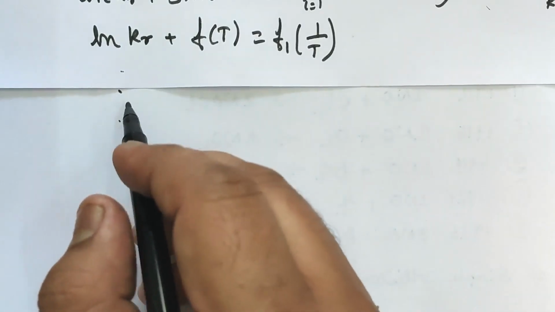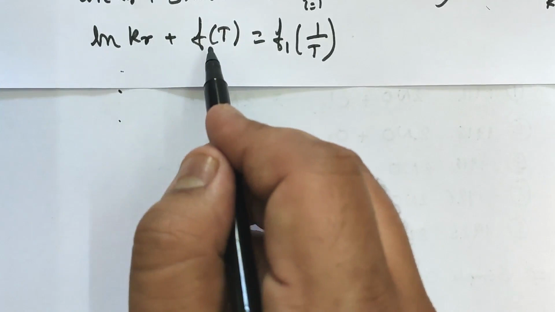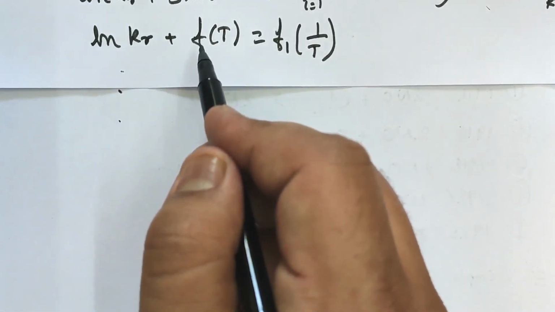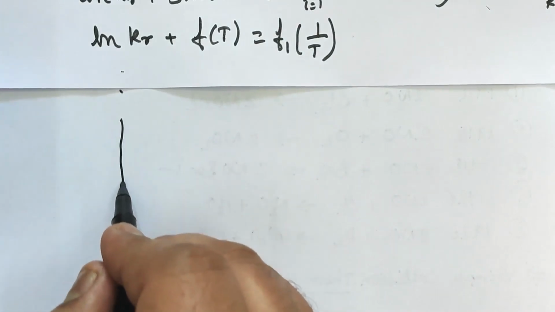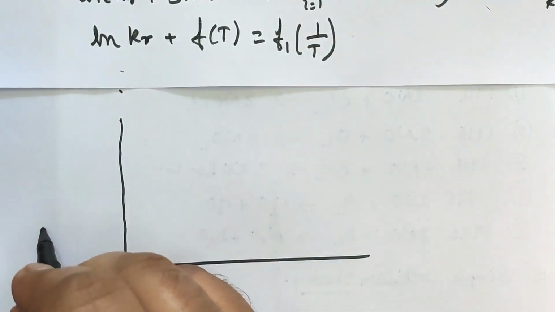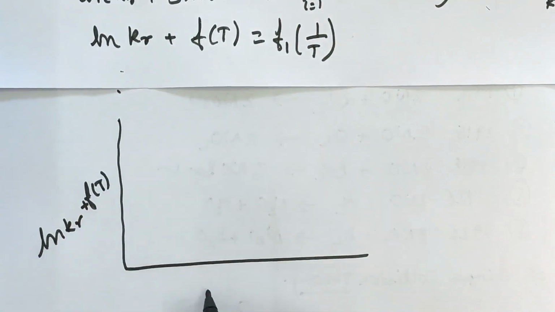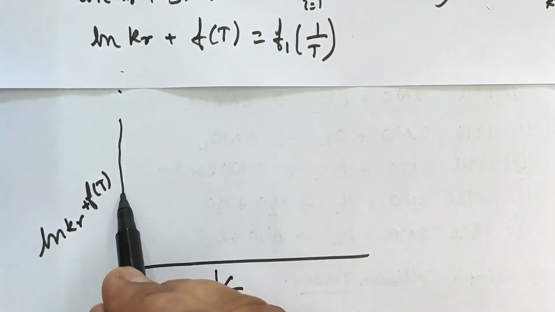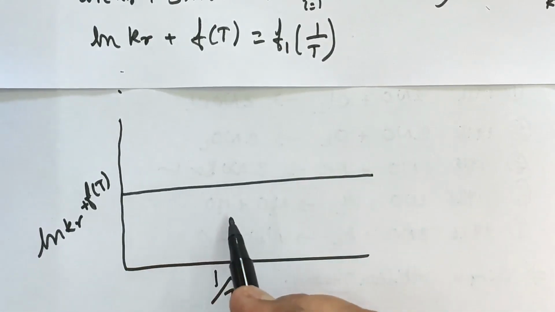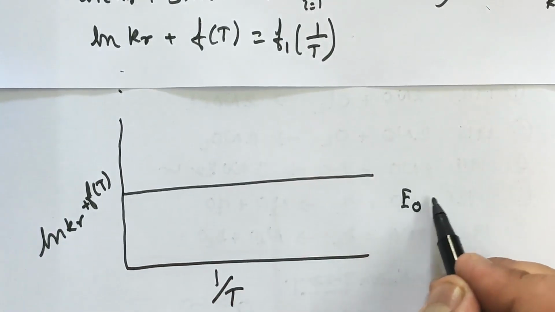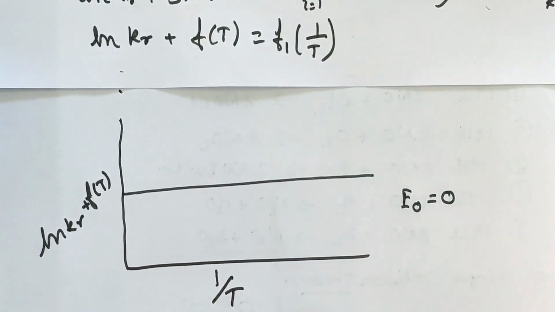When we plot a curve of ln kr plus function of T versus 1 upon T, or versus 1000 by T, then this curve will be almost a straight line, and from this straight line we can say that E0 is equal to 0.